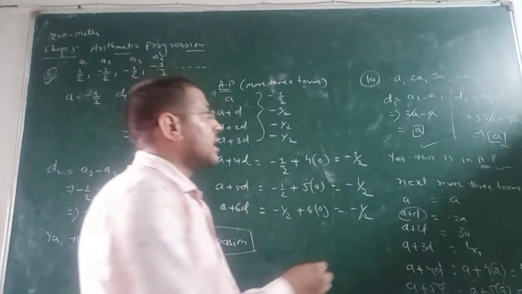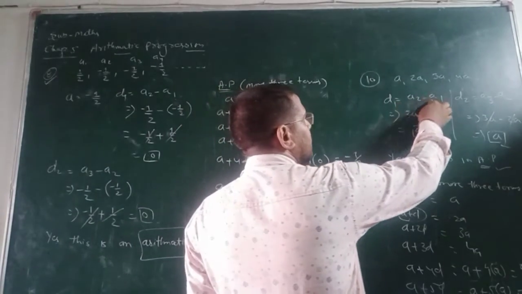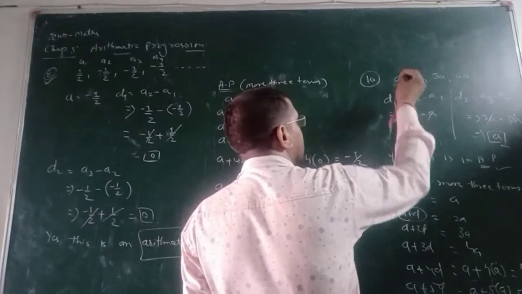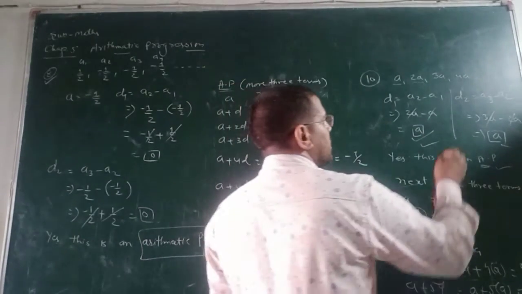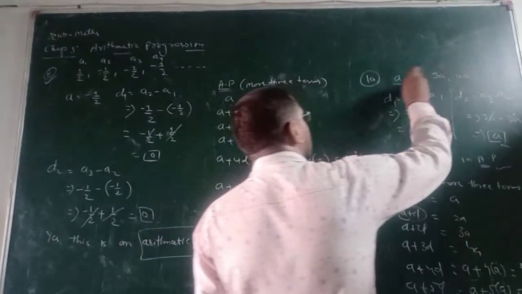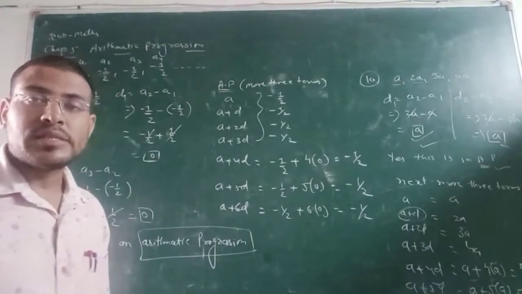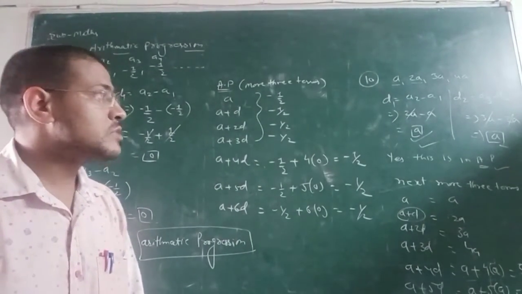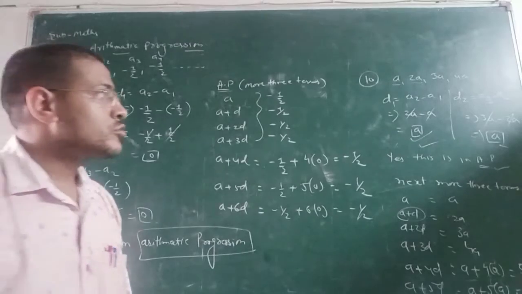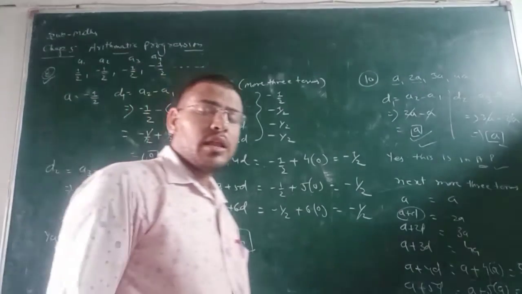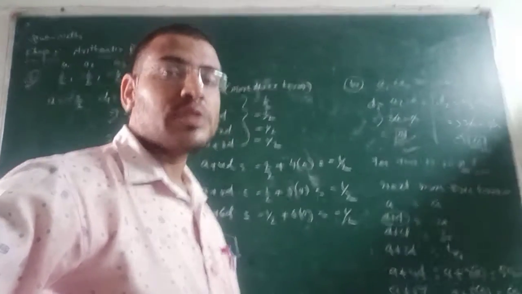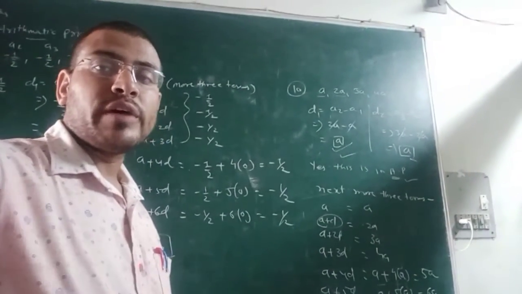Using the same formula, d1 is a2 minus a1, that is 2a minus a, which gives a only, and d2 is a3 minus a2. If you subtract the second term from the third term, you will get the same difference, a. So your differences are equal. It means this is in arithmetic progression, and another three more terms are to be found.